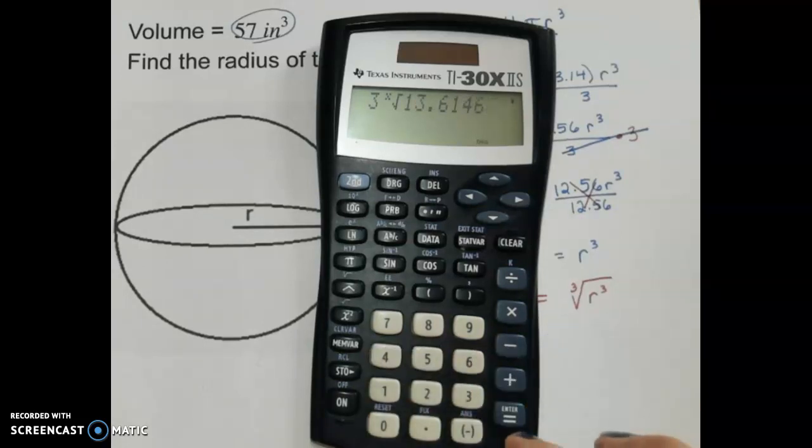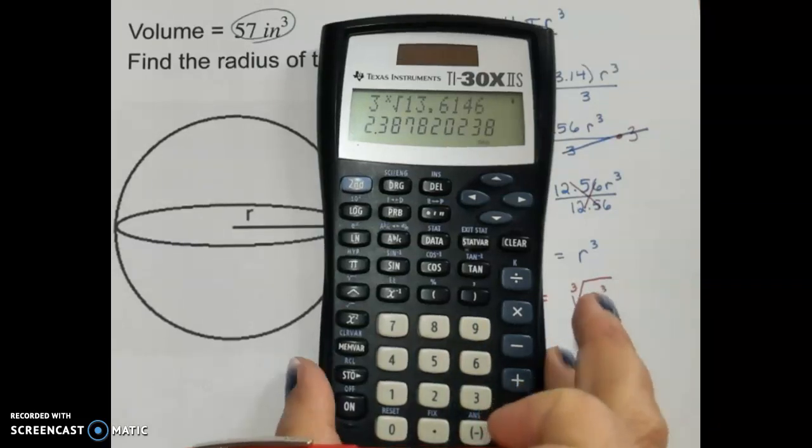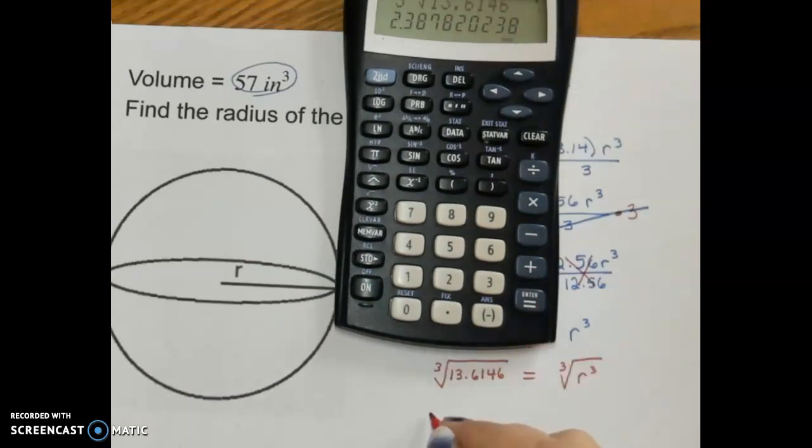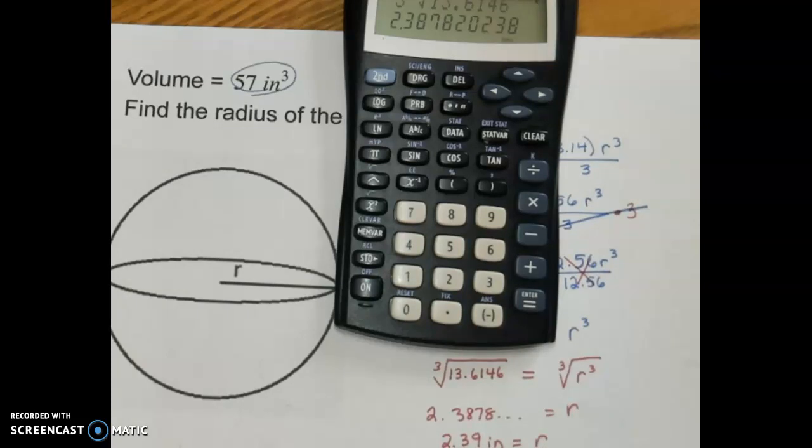So once I've entered it, I hit equals, and it looks like the cube root is equal to 2.3878, and that means that our radius is equal to 2.3878, and so on. We're going to round to the hundredths. We're going to make that 2.39 inches for the radius.